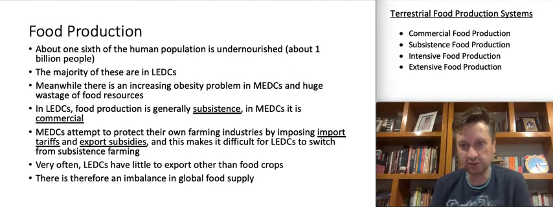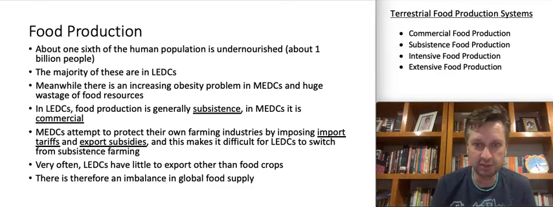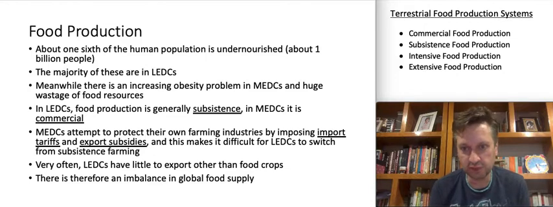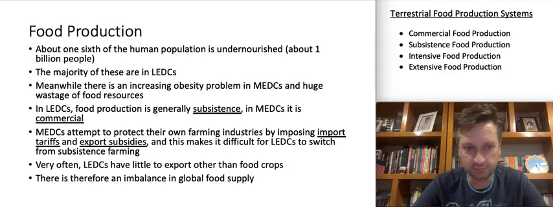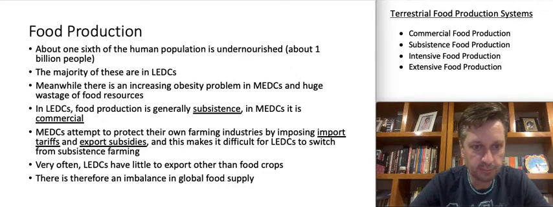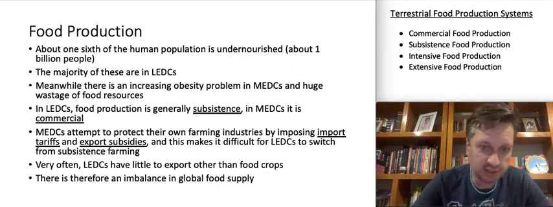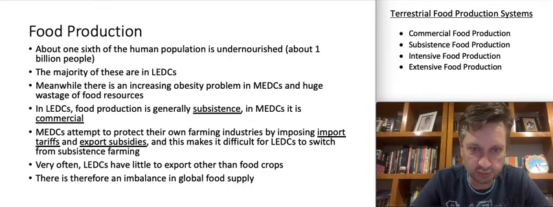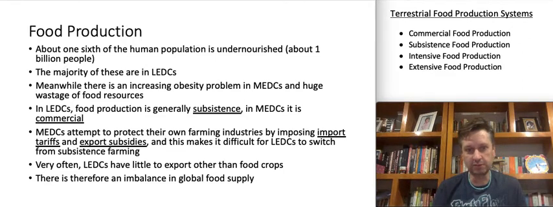What that does in turn is make it very, very difficult for those LEDCs that are dependent on food exports to switch to other products or to switch from subsistence farming to intensive agriculture. Very often LEDCs have very little to export other than food crops. And as you can see from that, there is an imbalance in food supply globally.